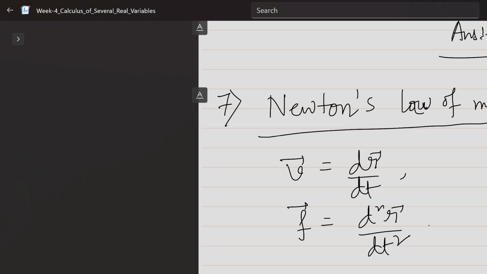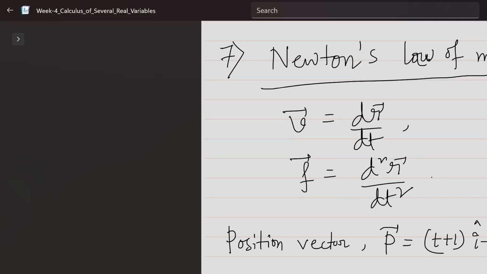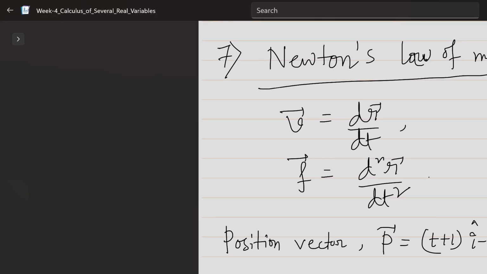Position vector, suppose P vector, P is for position, that is (t + 1)i minus (t² − 1)j. So what is velocity? Velocity is just the derivative. Velocity is a vector, V vector, is dp/dt.